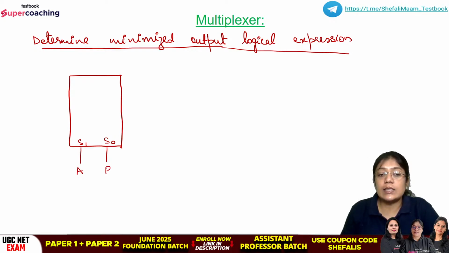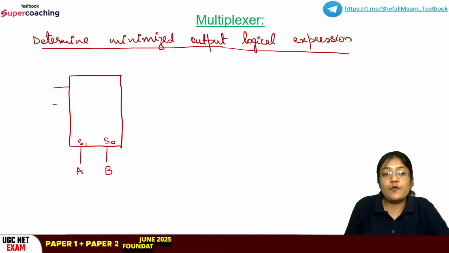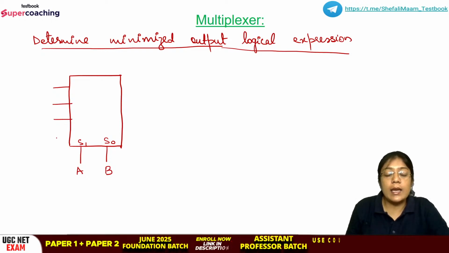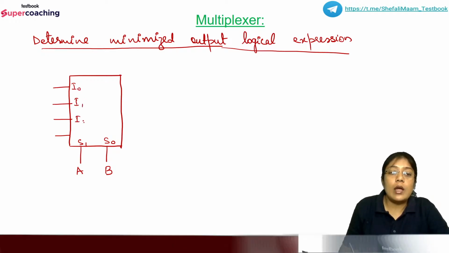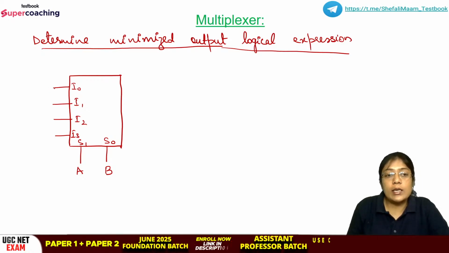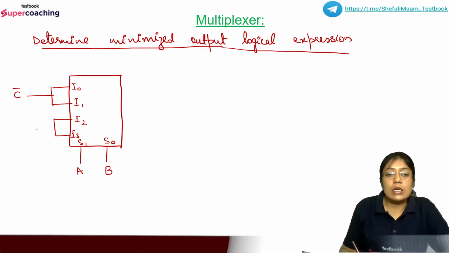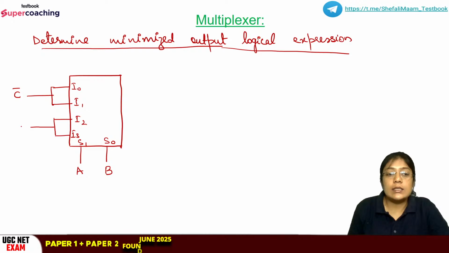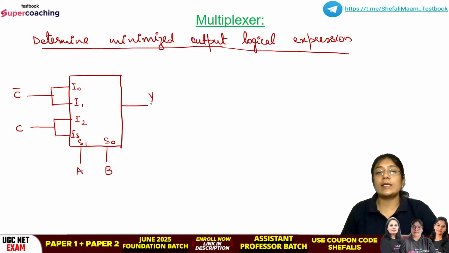Let's say that this is given as A and B, and with two select lines, 4 input lines are there. This is I0, this is I1, I2, and I3. Input for I0 and I1 is given as C complement. Here this is given as C. And we are supposed to return the simplified logical expression.